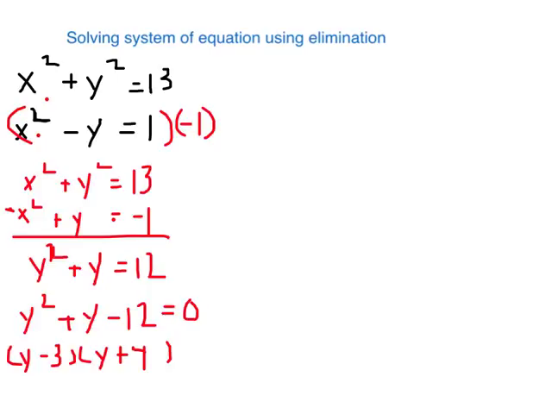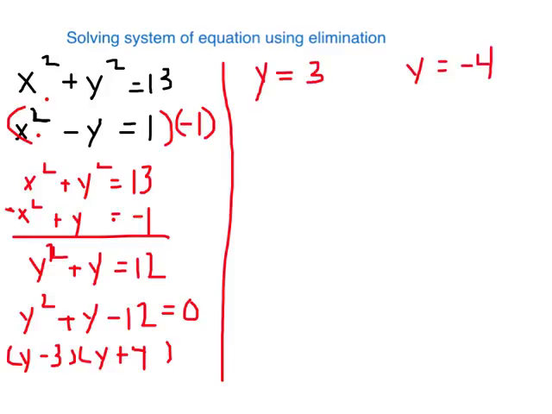So we get two y values. We get that y equals 3 and y equals negative 4. Since those are my two y values, we need to figure out what x equals when y are these values. So we can use any equation to go and find x.